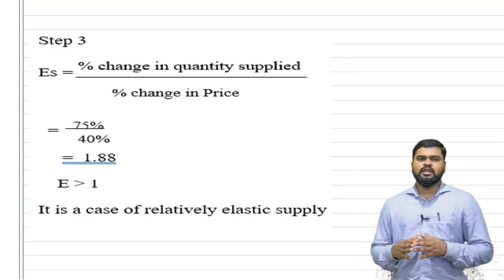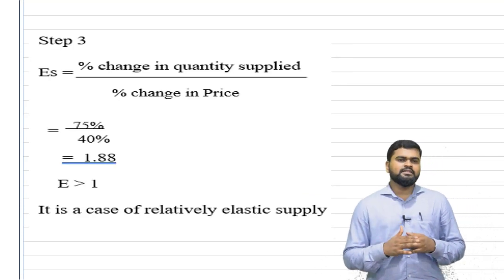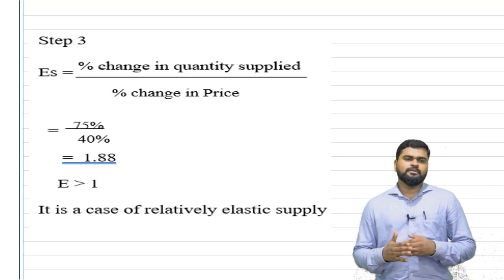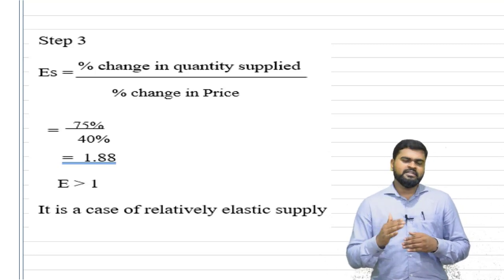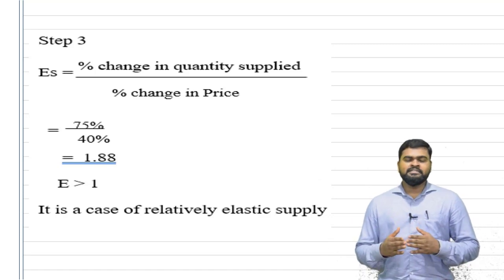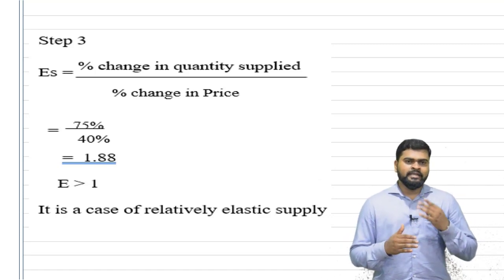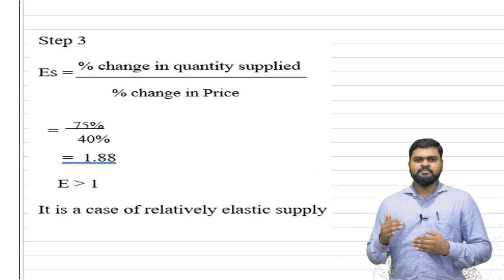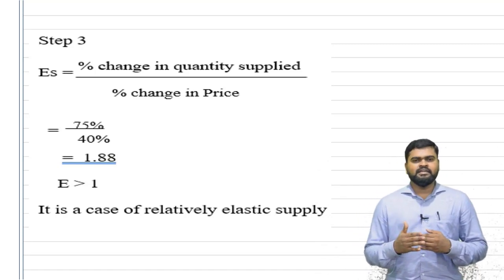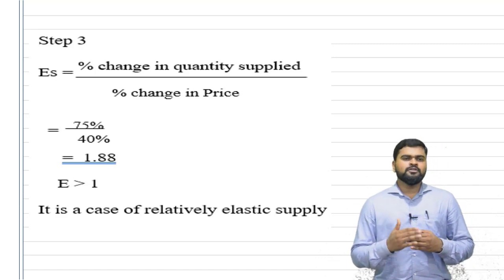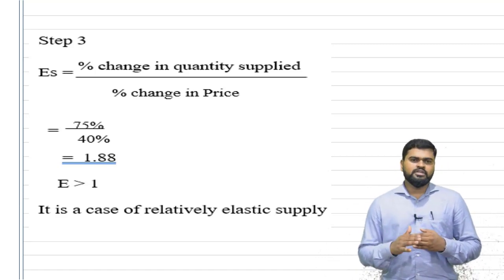Now the last formula, that is calculation of elasticity. ES stands for elasticity of supply, which is equal to percentage change in quantity supply upon percentage change in price. Percentage change in quantity supply we calculated in step 1, whereas percentage change in price we calculated in step 2. So percentage change in quantity supply is 75% upon percentage change in price 40%.